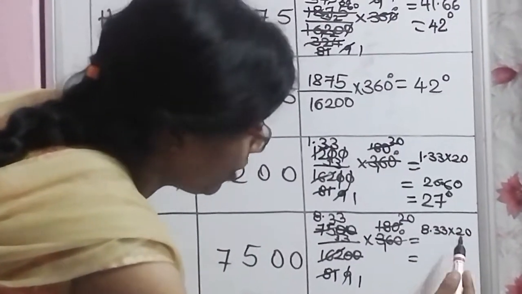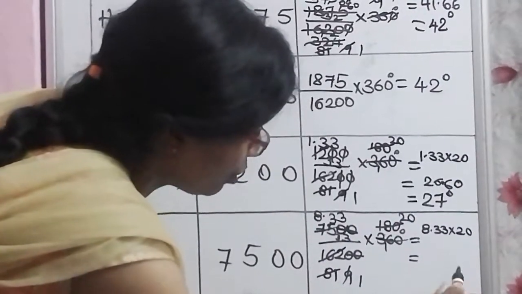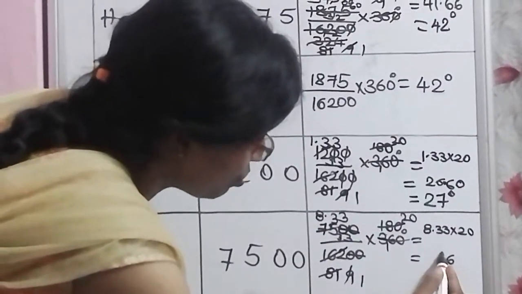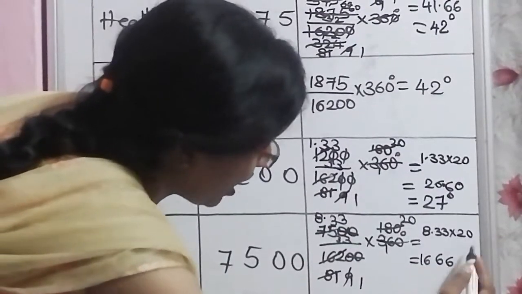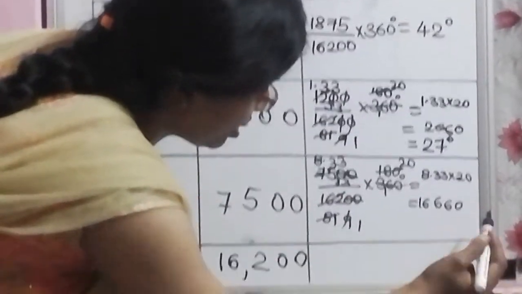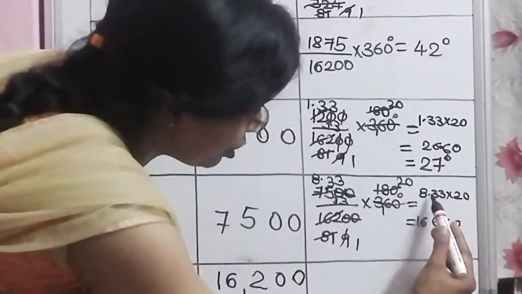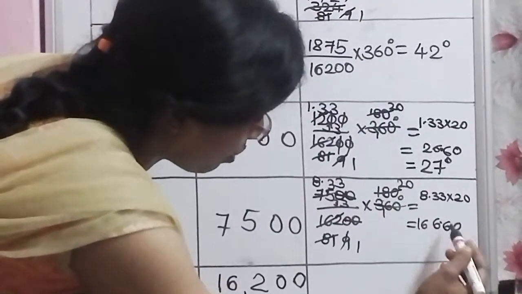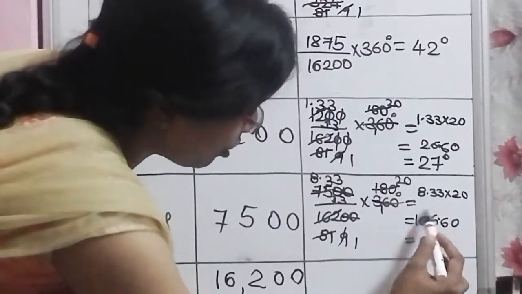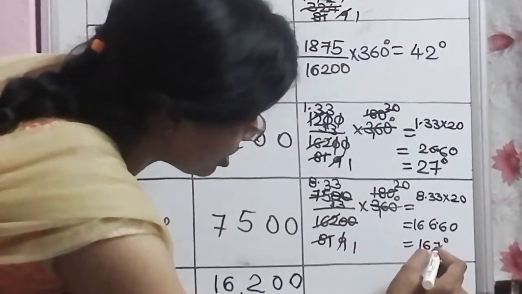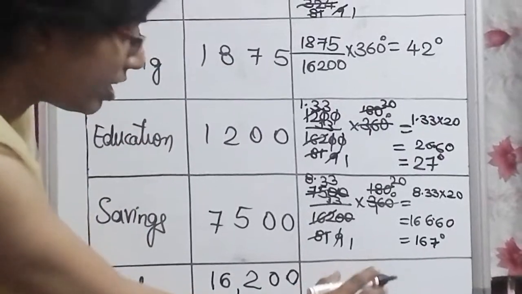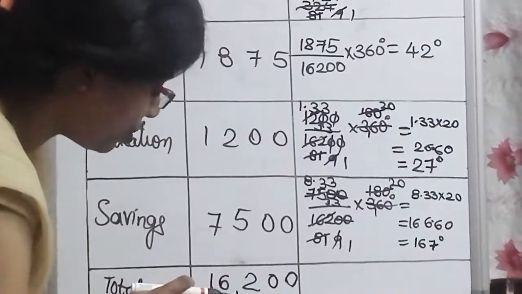Now let's multiply. 2 3s are 6. 2 8s are 16. And 1 0 is there, so we are writing a 0. After 2 digits a point is there. Now rounding off this value, you will get 167 degrees. Now this is the total.